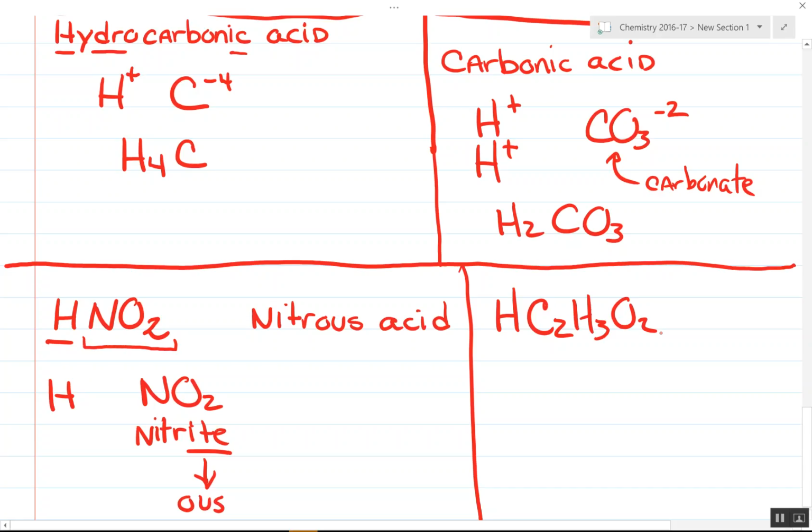Okay, here we go. Another one. Got two parts here. Acetate.